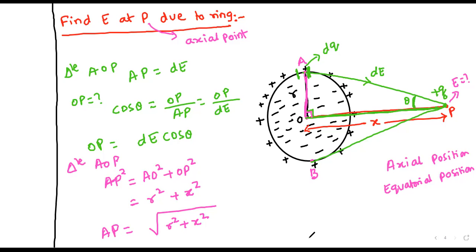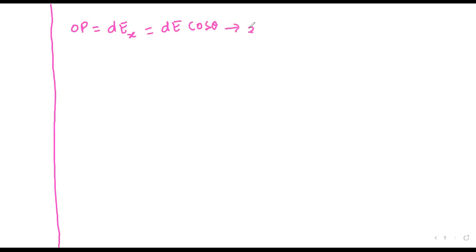So OP is the x component or horizontal component of dE, and AO is the vertical component of dE. So OP is equal to the horizontal component, that is dEx, that is nothing but dE cos theta. Call this equation 2.